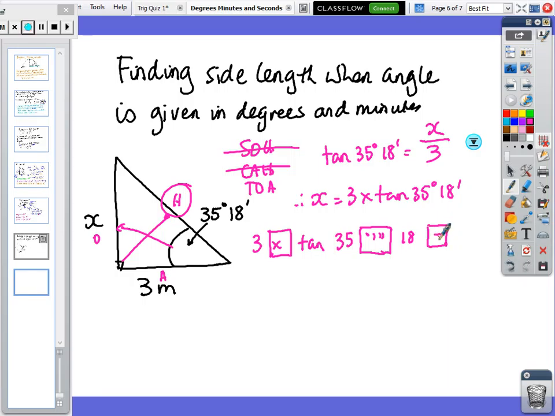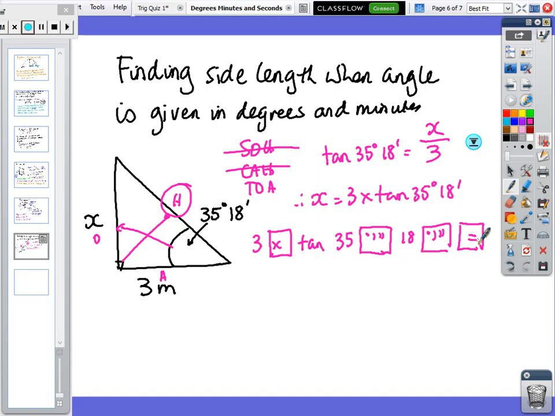Now I thought you don't have to press the degrees, minutes, seconds button again, so let's do that again. 3 times tan, 35 degrees, 18 minutes. Press equals. Oh, you do have to, I got a syntax error, so you do have to press it again, and I hope you probably will too.